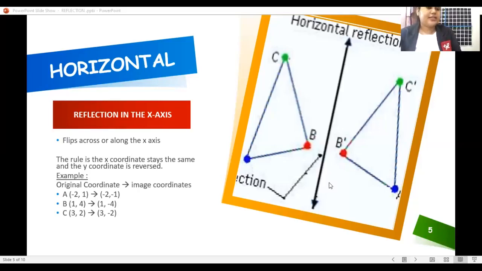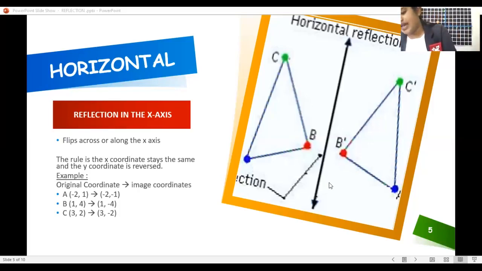All right, let us look at B. B is 1, 4. So we go on our same paper that we were folding. We go to 1, 4. Then we fold it. We punch where that point is, and then we open our paper to see where that hole or reflection would be.